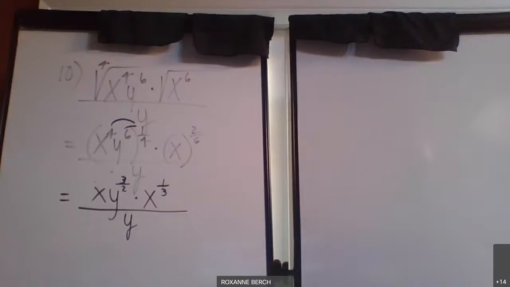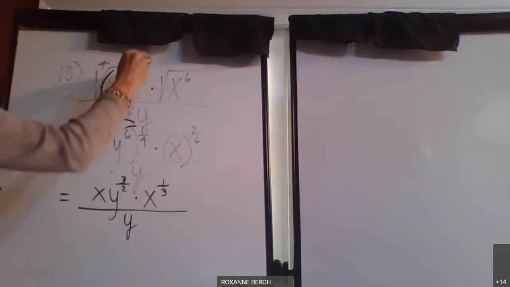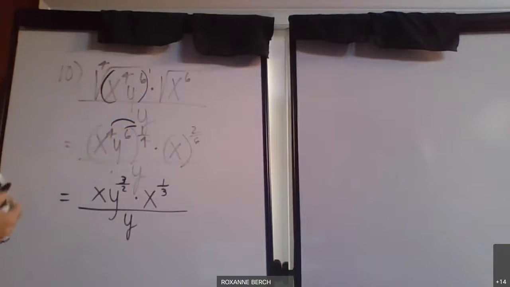Okay, so now, yeah. How did you get x to the fourth, y to the sixth, and then to the 1/4? Well, this quantity, remember when you write it using rational exponents, that's 1/4, right? Or do you not want to write it like that? No, I understand now. Well, you don't have to do that if you don't want.